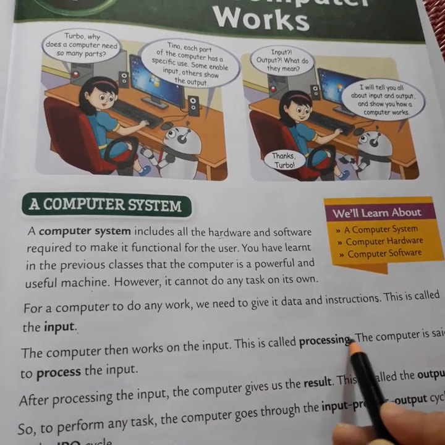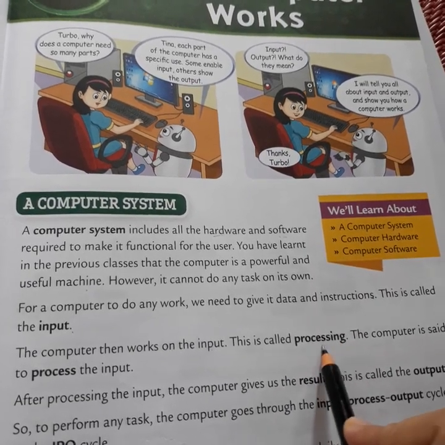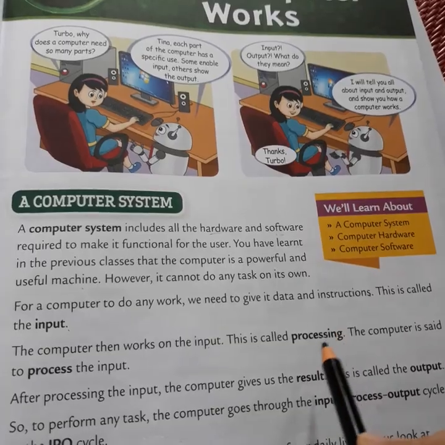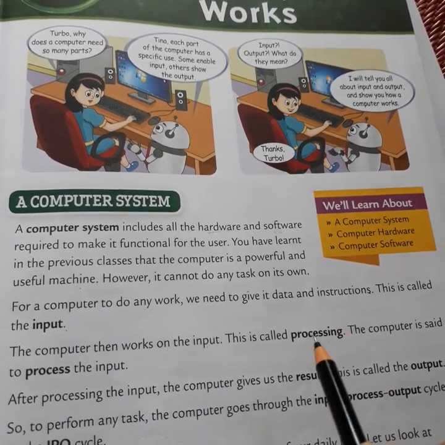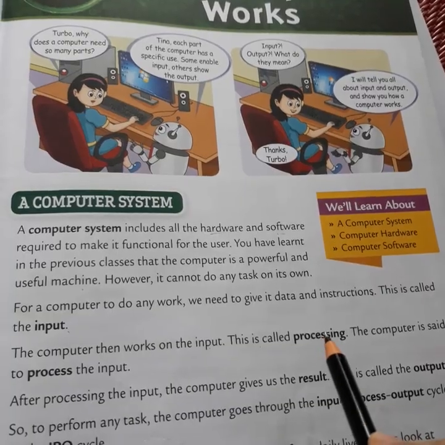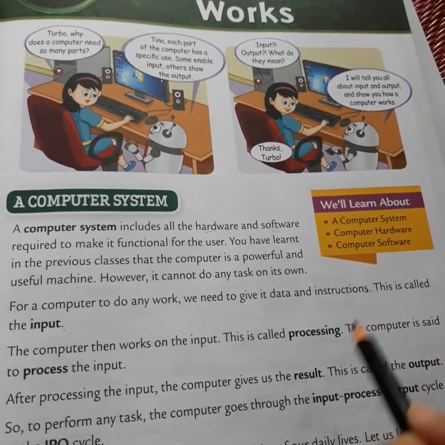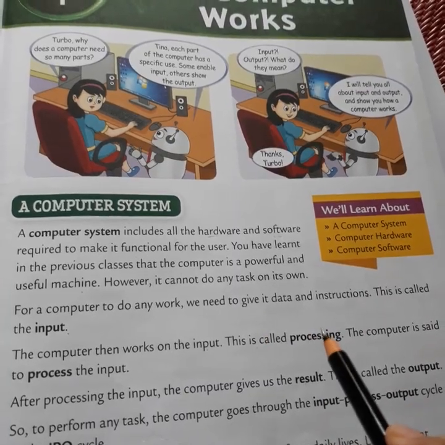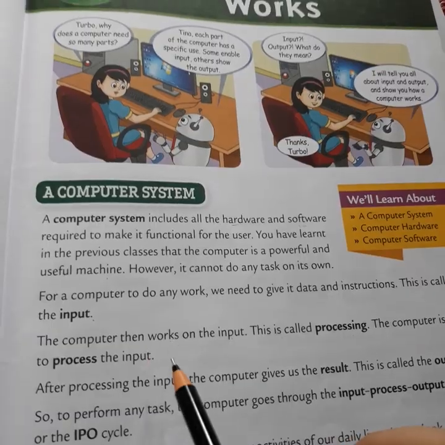Now, which part does this work? Processing is done by the CPU, the central processing unit. Whatever inputs are given to the computer are transferred to the CPU box, and then the processing task is carried out over there. The computer is said to process the input.